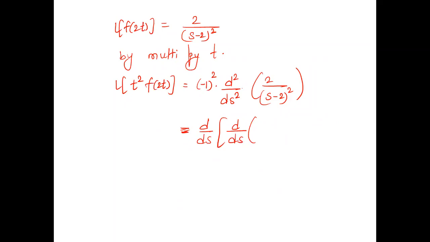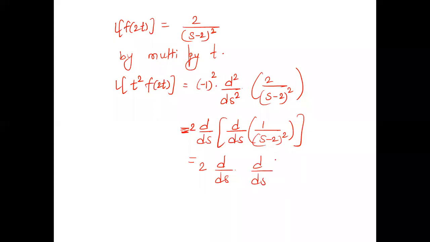In this term, 2 is constant, so 2 I can take out of the whole. So here it is only 1 upon s minus 2 square. Double derivative, derivative into derivative, where 2 is out already. This is plus 2 into d by ds of derivative of this. So here I can take this up raised to minus 2 because I have a formula for something raised to n.